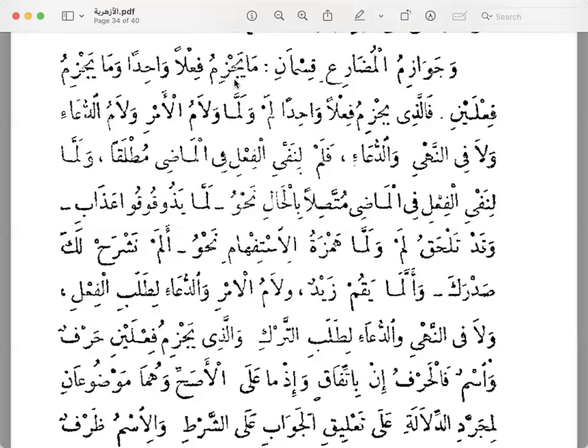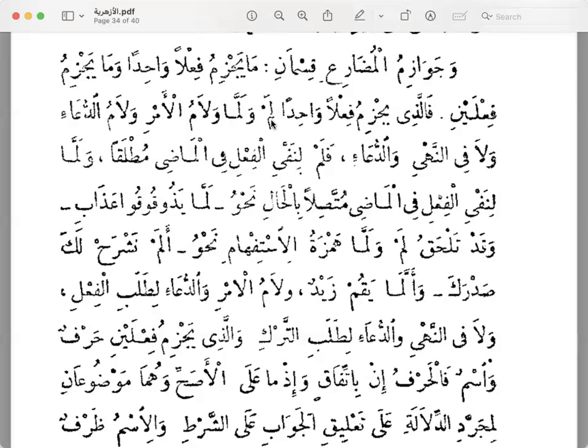Okay. So he says: ما يجزم فعلا واحدا وما يجزم فعلين. The one that jazms a single verb is لم, which is normally the negative preterite, or we call it the simple past, or, sorry, not simple past, it's not preterite.